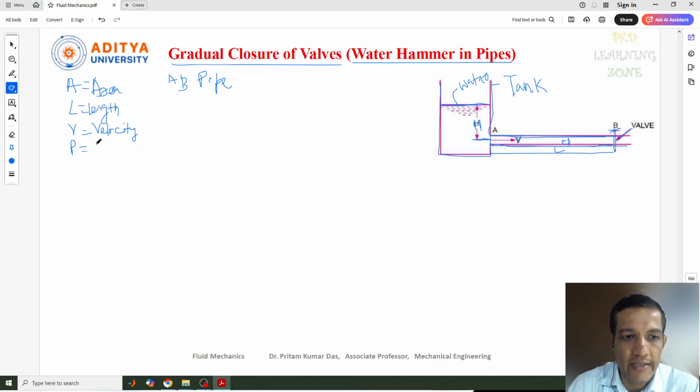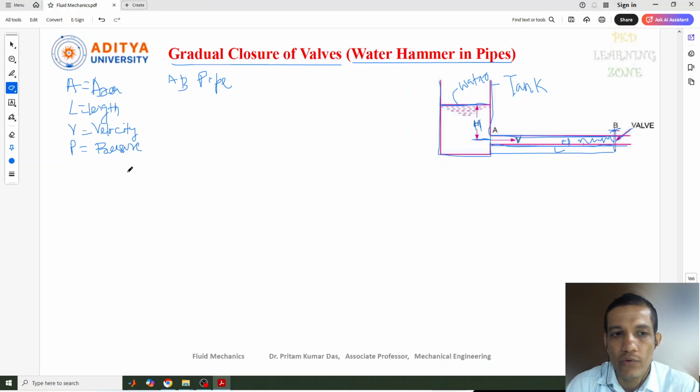Next, P can be considered as the intensity of pressure of the wave which is produced. How is the wave produced? When you close the valve suddenly, a shock is created, that is water hammer. Even when you close the valve gradually, slowly, still a wave will be formed in the reverse direction.